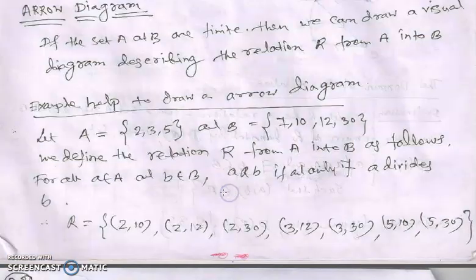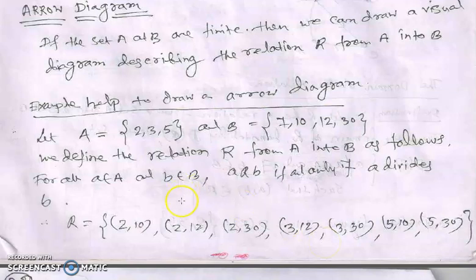In that case, we find the subset of A cross B. Here R is the relation: (2, 10), (2, 12), (2, 13), (3, 12), (3, 13), (5, 10) and (5, 30). Sorry, 30.